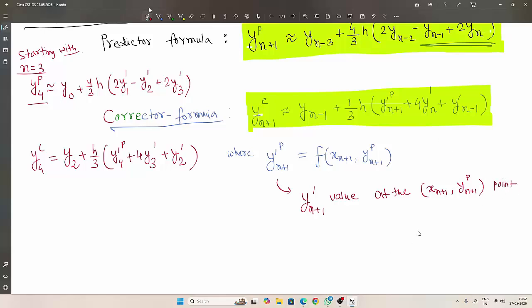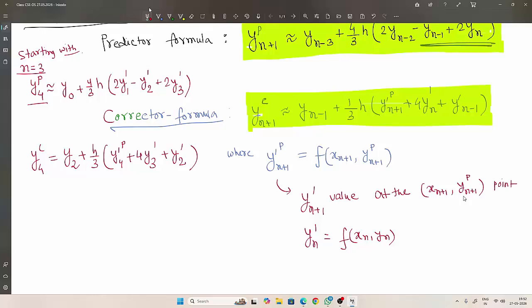Clear? Previously what you have seen, yn dash is actually f of xn comma yn. But here yn plus 1 dash p is the yn plus 1 dash value at the point xn plus 1 comma yn plus 1 p, the predicted point.